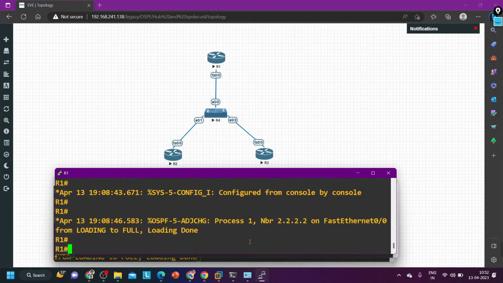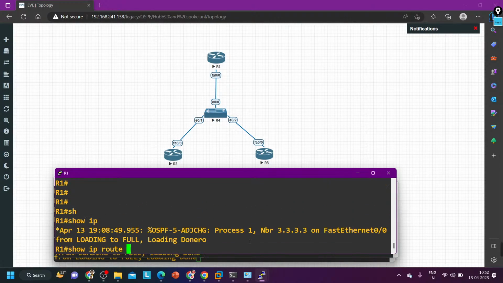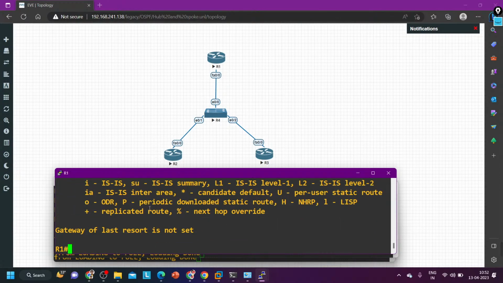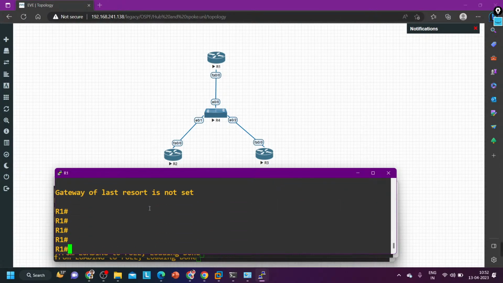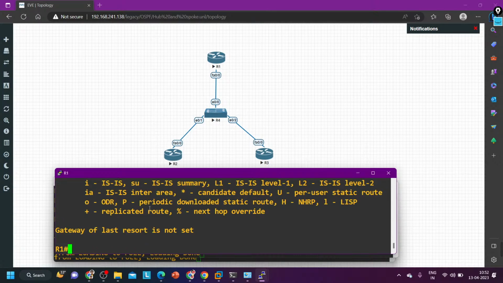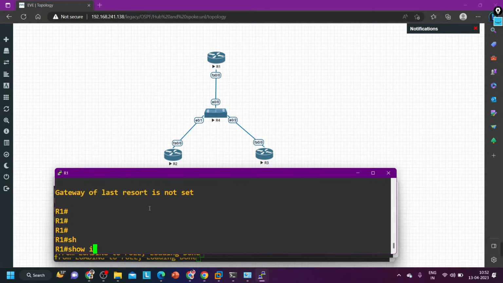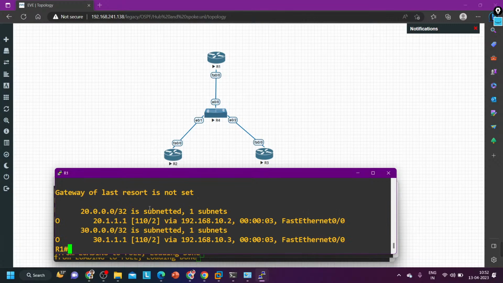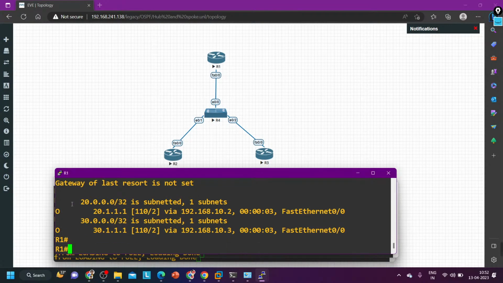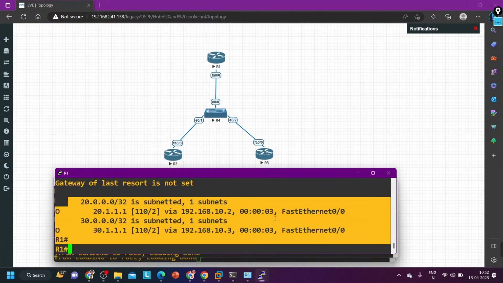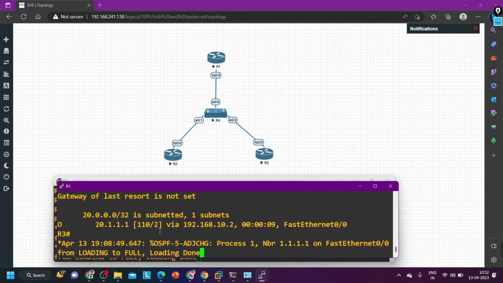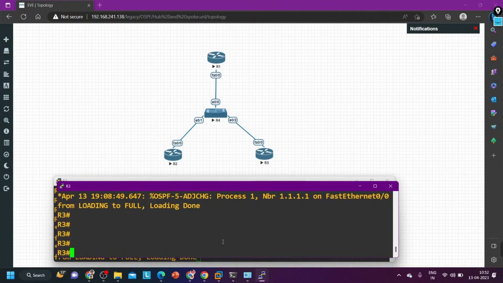Okay, now neighborship is full, so show IP route OSPF. Okay, it has received the 20 network and 30 network. Now let me check whether my branches are able to communicate with each other or not.